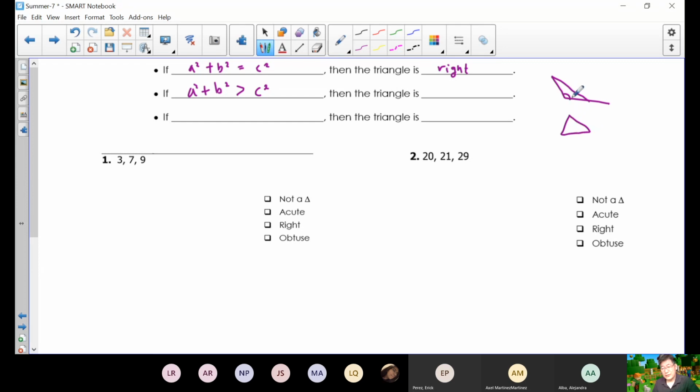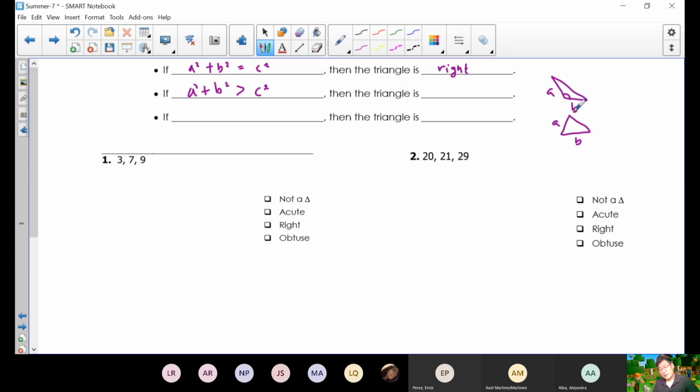One of the angles is greater than 90, right? To make this kind of triangle, let's say this is A and B, right?